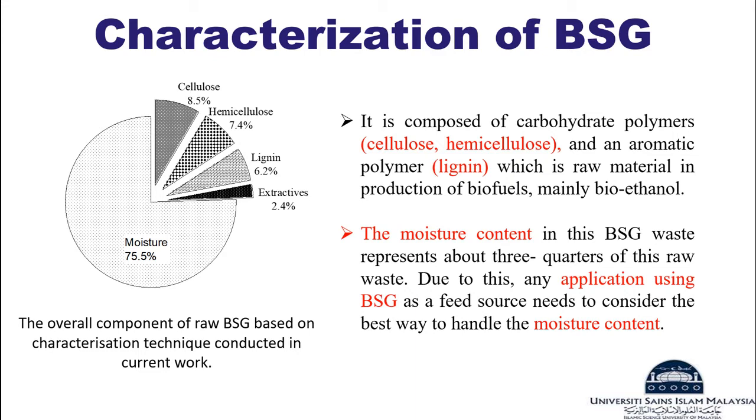Due to this, any application using BSG as a feed source needs to consider the best way to handle the moisture content. As my proposed method is hydrothermal liquefaction, in which I'm using water as a reaction medium, it is really interesting to know how this moisture content in BSG acts in the reaction.